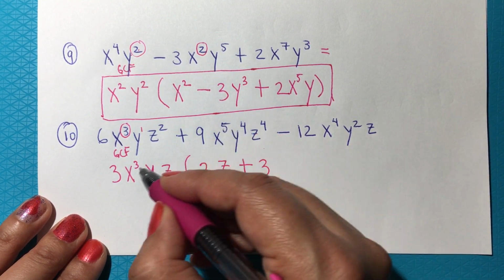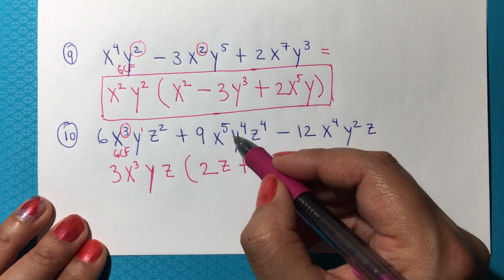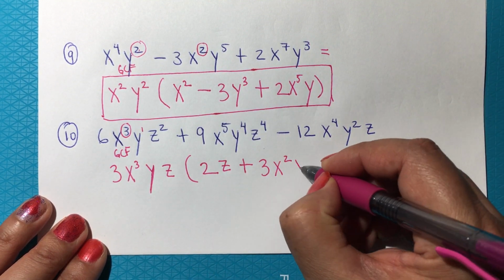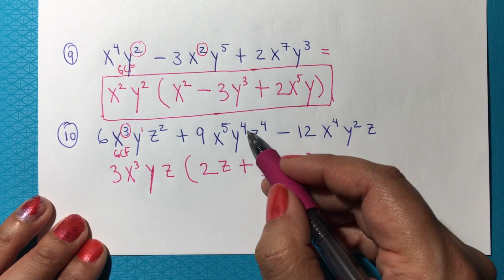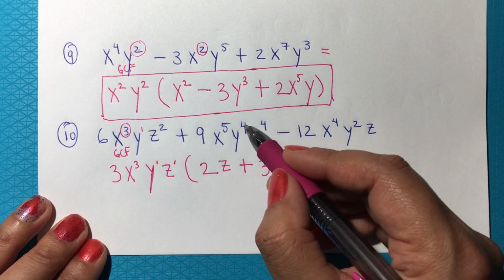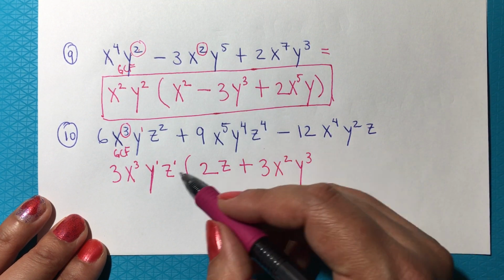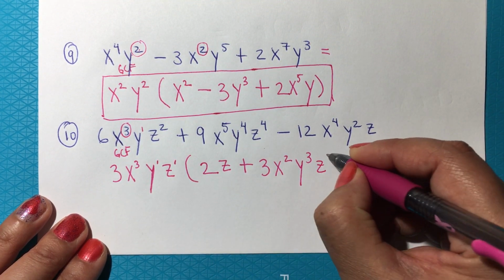X to the 5th power divided by x to the 3rd is x squared. Y to the 4th divided by y is just y to the 3rd power, right? We subtract the exponents, so 4 minus 1 is 3. Same for z. Z to the 4th divided by z is z to the 3rd.